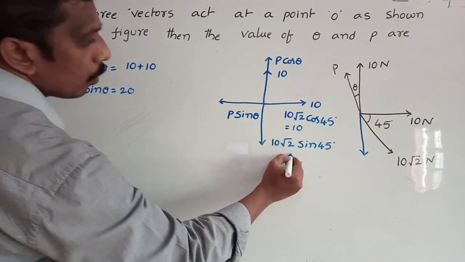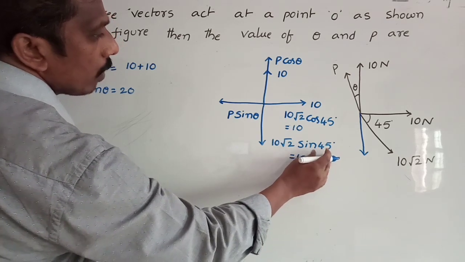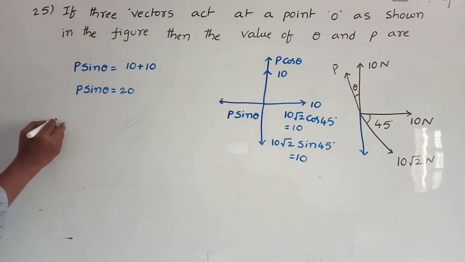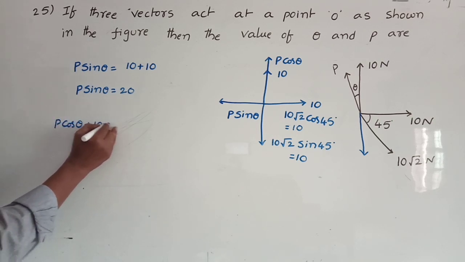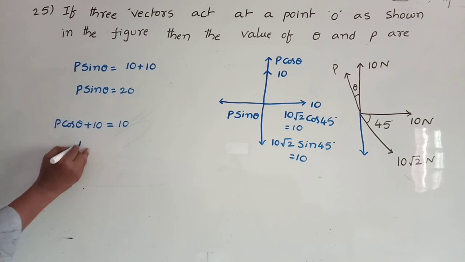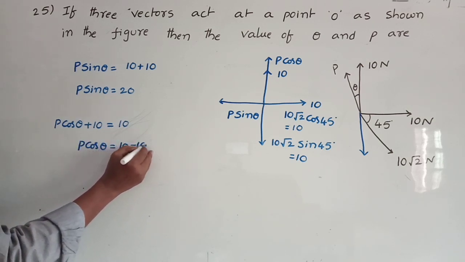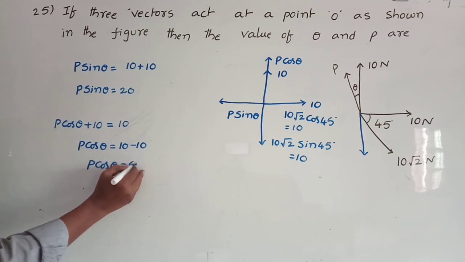Here, if you simplify 10 root 2 sin 45 is equal to 10, because sin 45 is equal to 1 by root 2. Along vertical direction, vertical equilibrium: P cos theta plus 10 is equal to 10. From this P cos theta is equal to 10 minus 10, P cos theta is equal to 0.